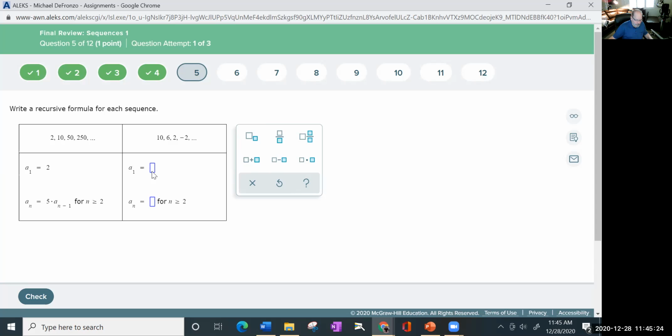Over here, the first term is 10, and it appears to be subtracting 4 each time. So, minus 4 and minus 1. Okay, let's try that again in parentheses. Hey, it doesn't like my keyboard anymore today.